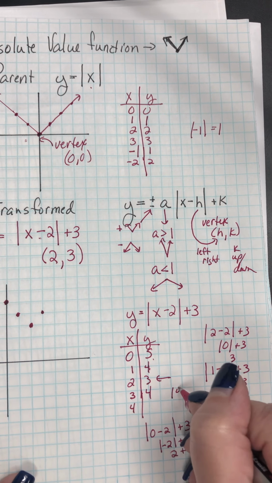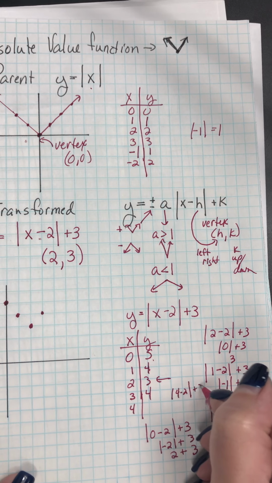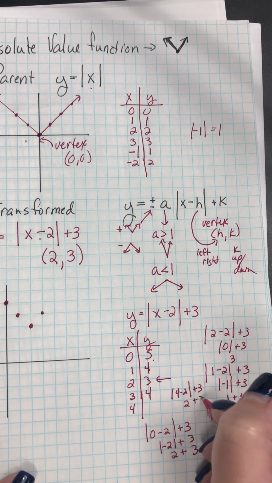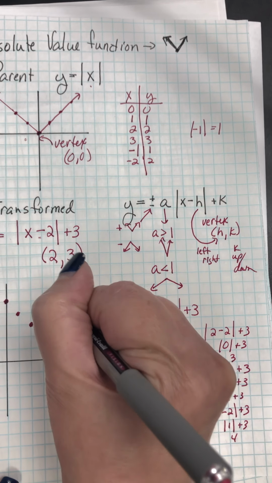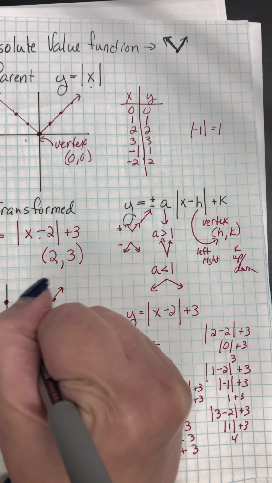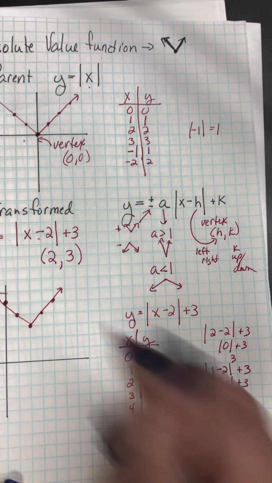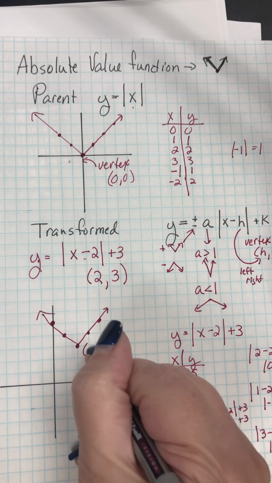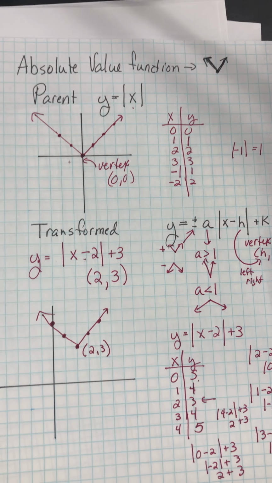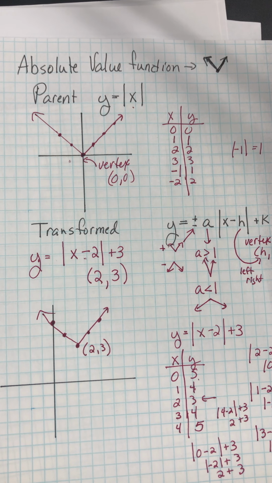The absolute value of 4 minus 2 plus 3, which would be 2 plus 3, which is 5. So I have my basic V shape with a vertex at 2, 3.